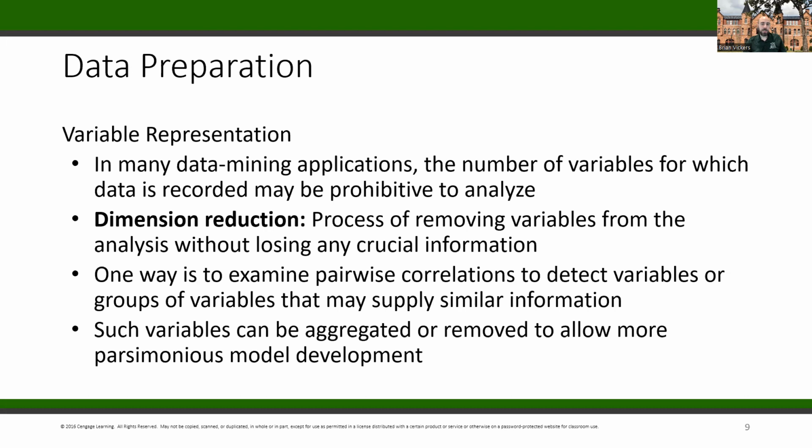And sometimes those variables basically tell us the same thing, and we can improve the quality of our model by removing some variables, because they're doubling up and making it harder for us to interpret, because it's just too much information.